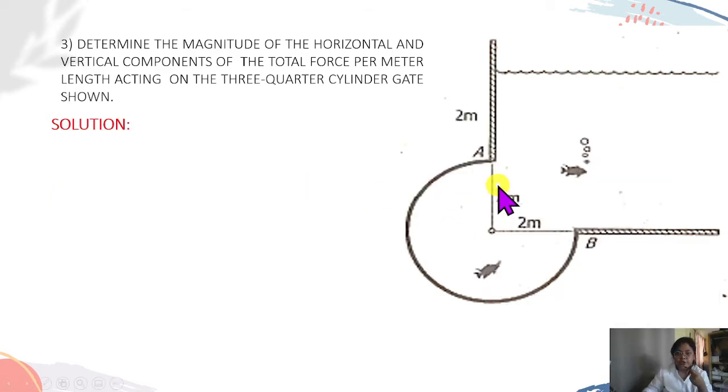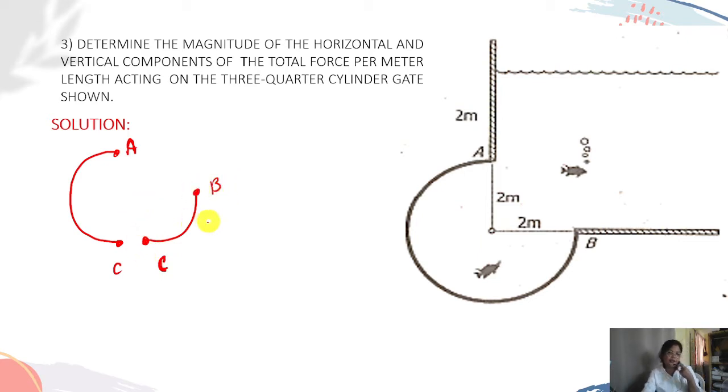Isa-isahin natin ngayon yung horizontal na muna tayo, ano? So, we have here A to C. Yan sabi ko. Plus DB to C. So, we have here B to C to B. So, yan yung kabuuan ng ating kabuuan ng 3/4 cylinder, no?